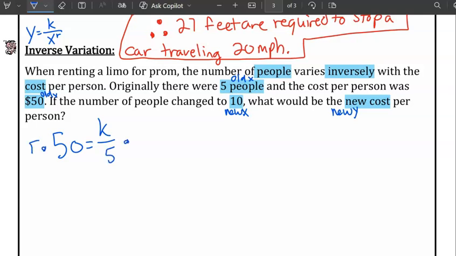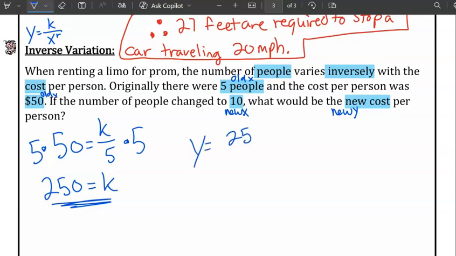Multiply each side by 5 to get the k by itself. 250 equals k. Let's plug that in to find our new y. y equals 250 over 10. That will give you 25.